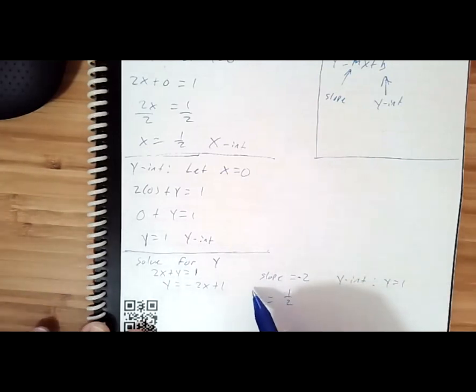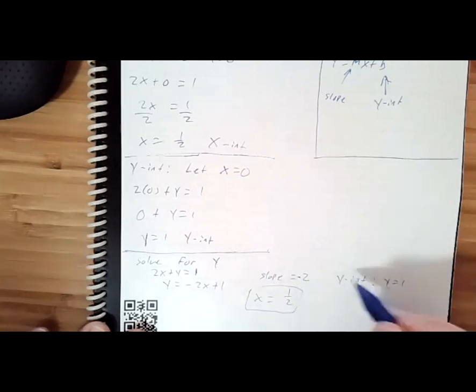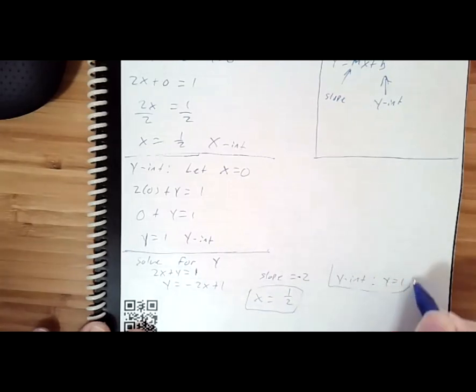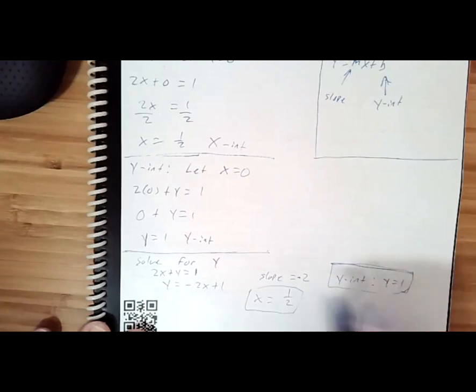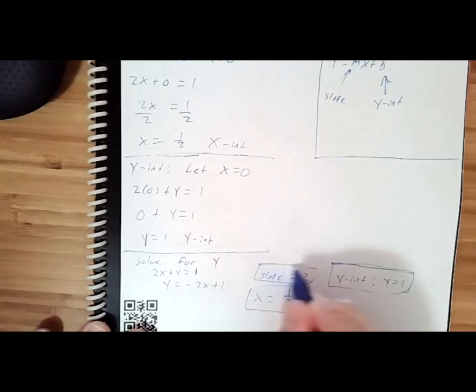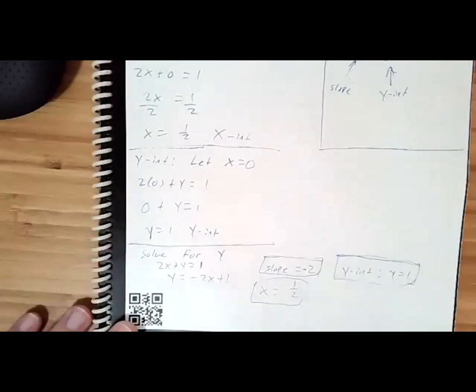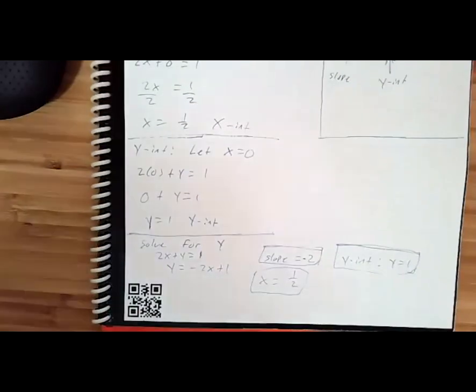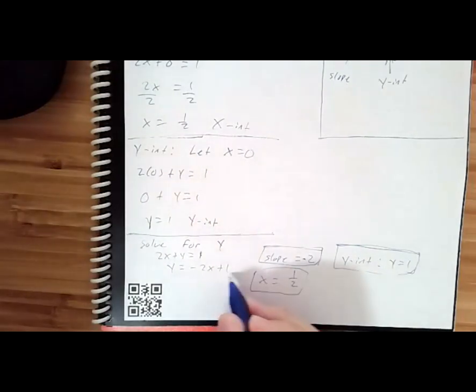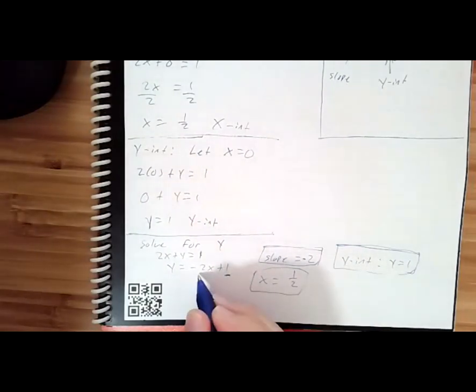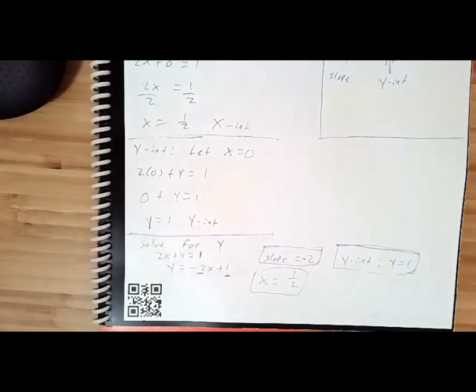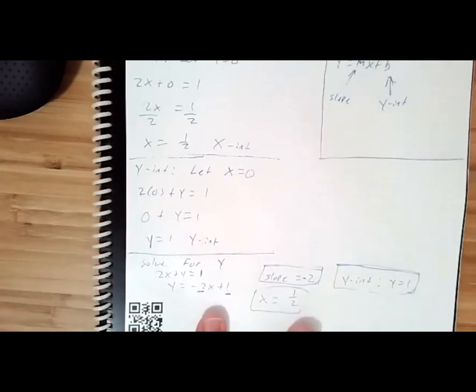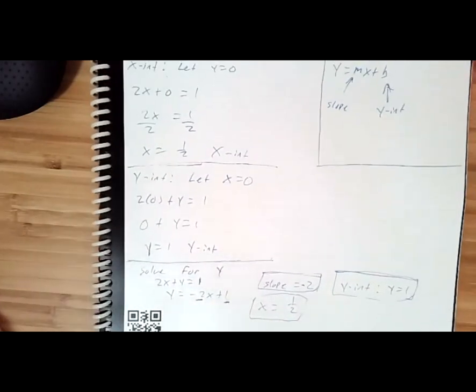So this is the only one that we had to do the other way. But notice if you solve for y, you get most of it, right? There's y-intercept, there's slope. Any questions on this problem here?